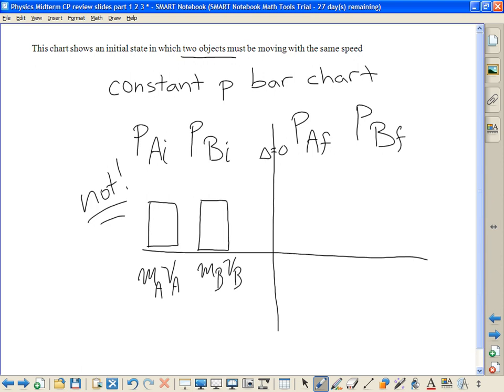Two objects can have the same momentum without having the same speed or velocity. The question asks, does this chart show an initial state in which two objects must be moving with the same speed? Since we don't have any information about the mass of the two objects, they're not.